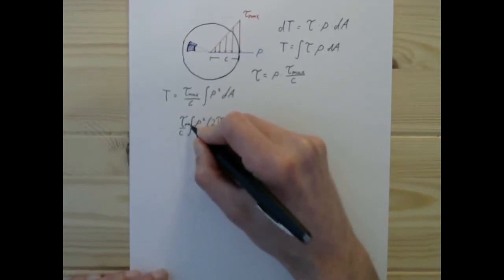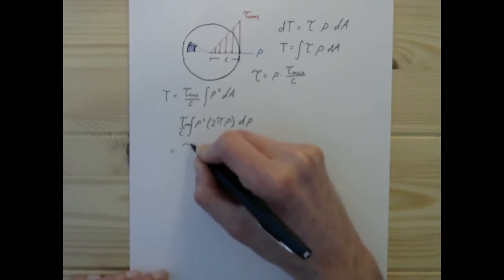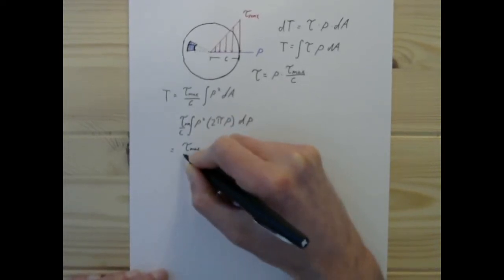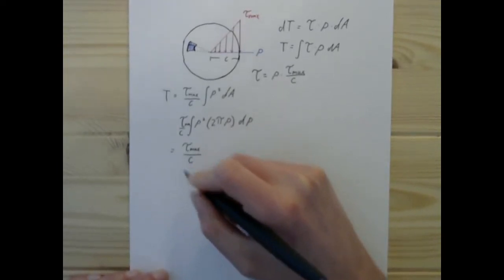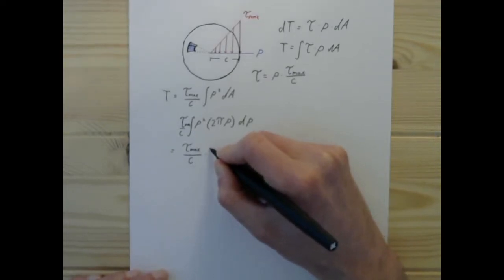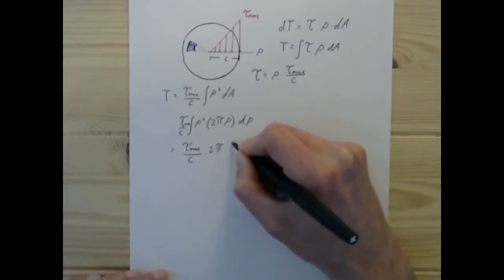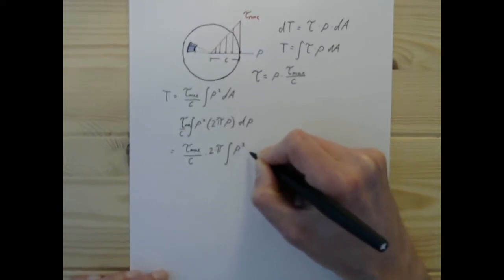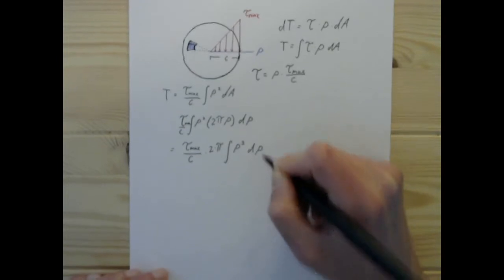Also, not forget to write a max right there. So all together, it's going to be the maximum shear stress experienced divided by the maximum radius, or the outer radius, of the bar, times 2 times pi times the integral of rho cubed, integrated with respect to rho.